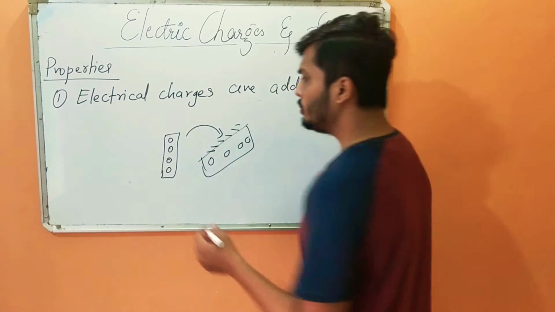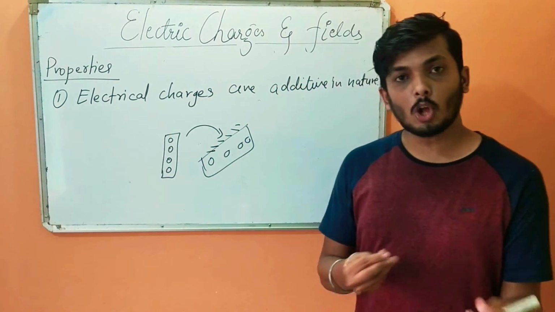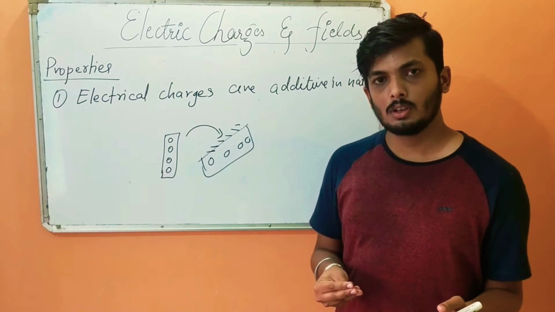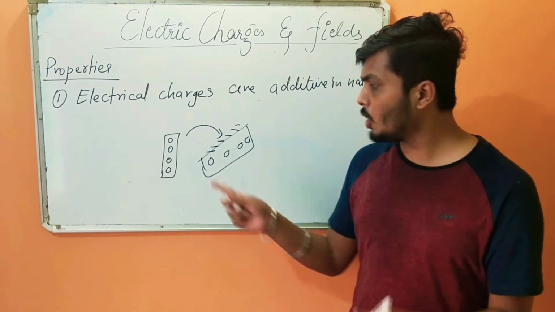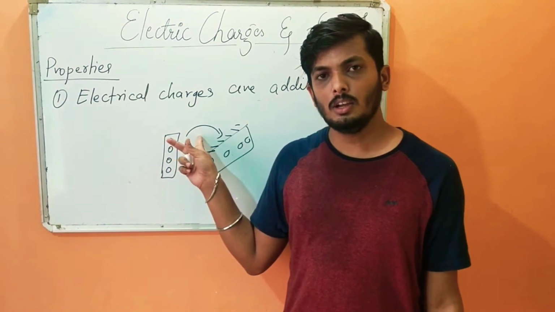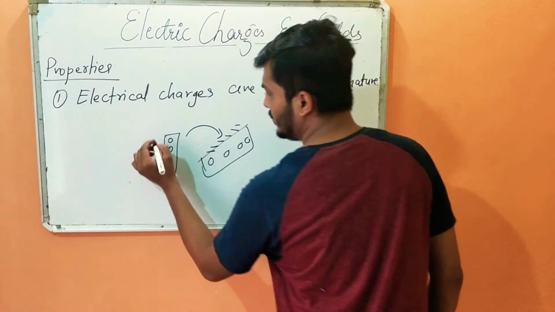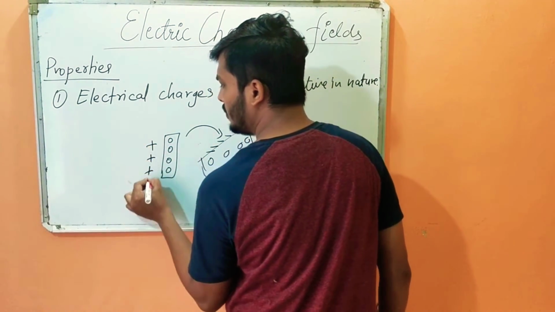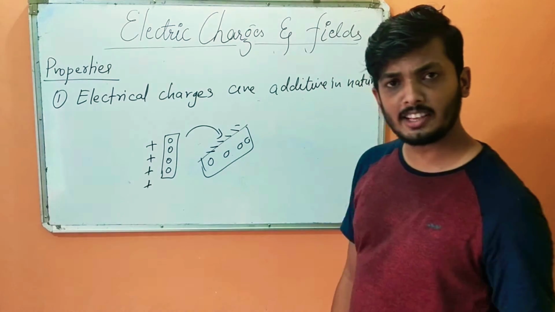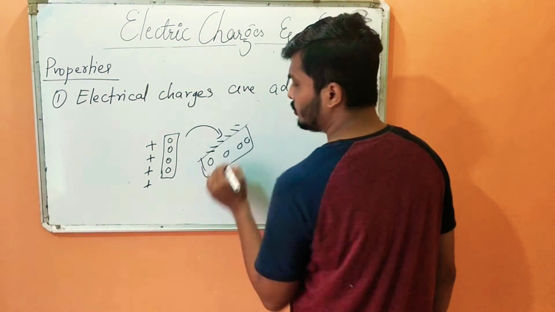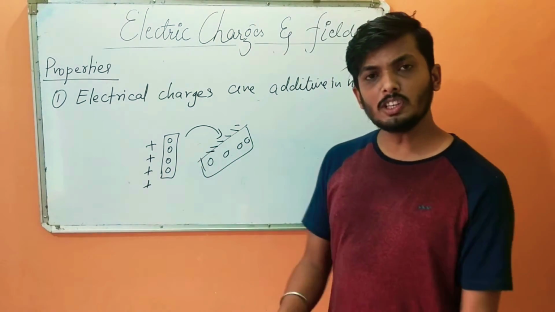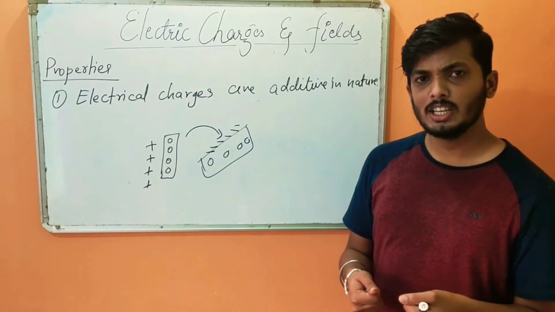The rod has lost electrons, which means the protons have outnumbered the electrons. So automatically the charge of the rod becomes positive, and since the silk cloth has gained excess electrons, its charge will become negative. So this way you can either add or remove charges.